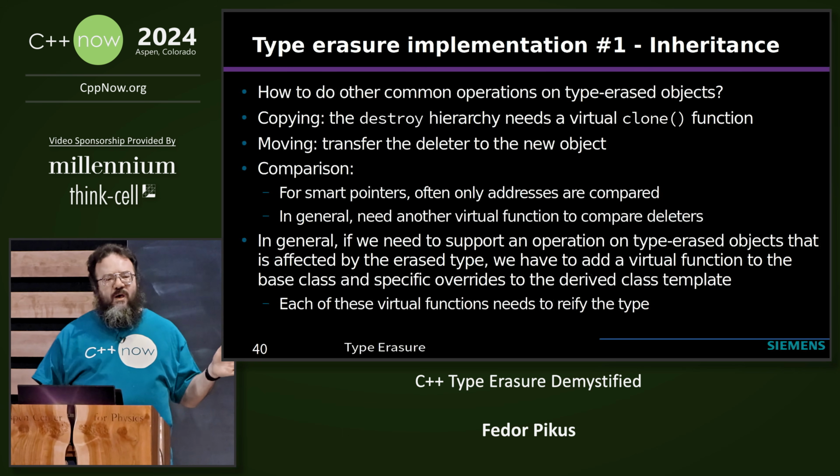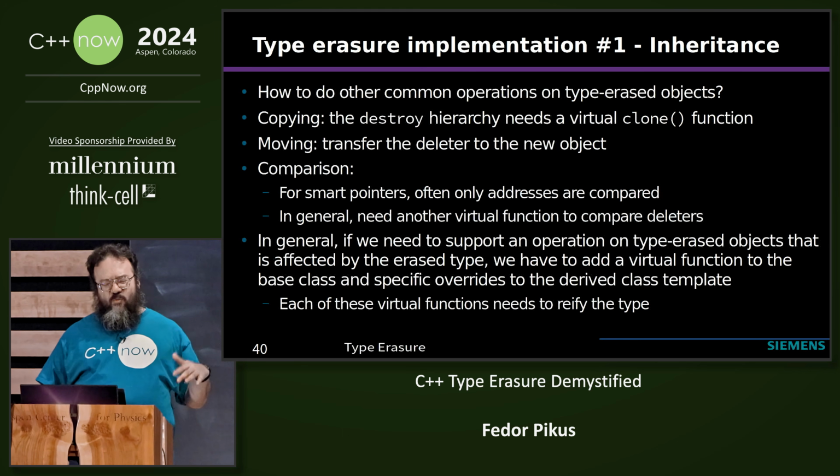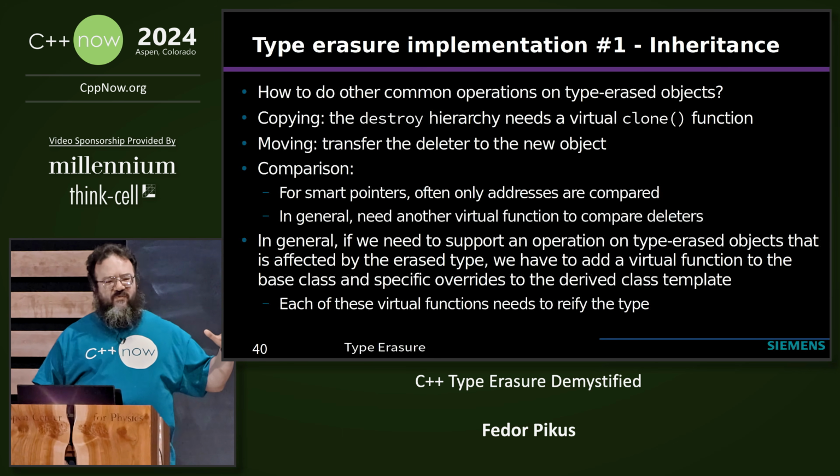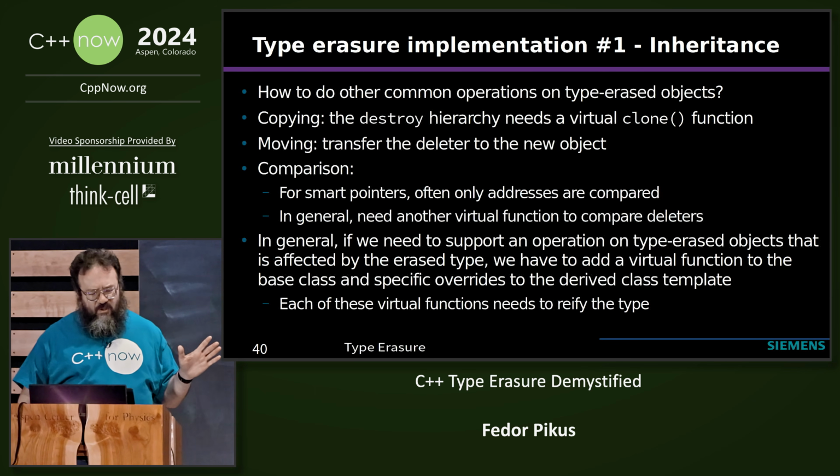For moving, you have two options depending on what you want the moved-from state to be. You can simply transfer the ownership of the deleter, or you can implement a move-me function that would actually move the right way on the derived object and leave the deleter in a moved-from state. It depends on what you want the moved-from state to look like.